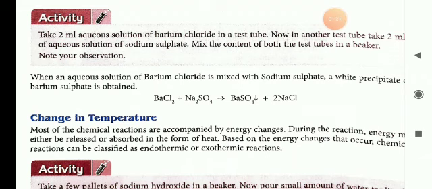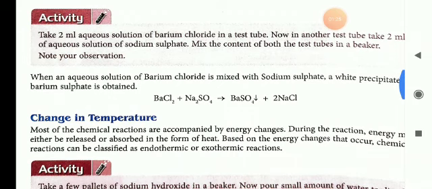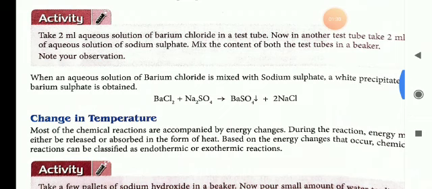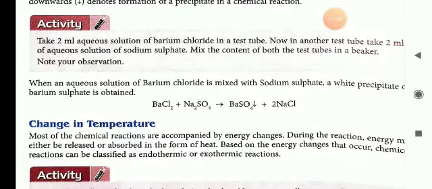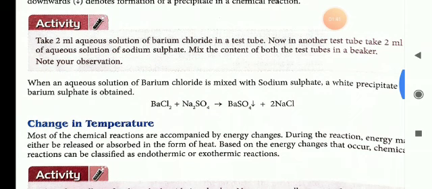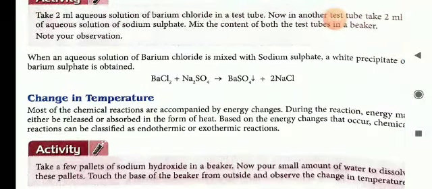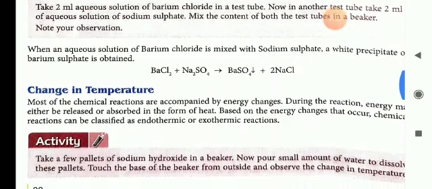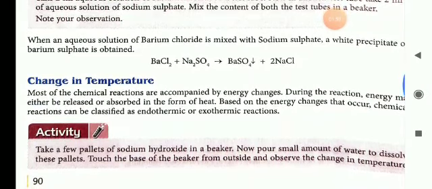So, sodium sulfate is mixed with water, and then this solution is taken, Na2SO4. Mix the contents of both the test tubes in a beaker, so we mix barium chloride and sodium sulfate. We will see that a white precipitate is formed. This white precipitate of barium sulfate is formed there, BaSO4.